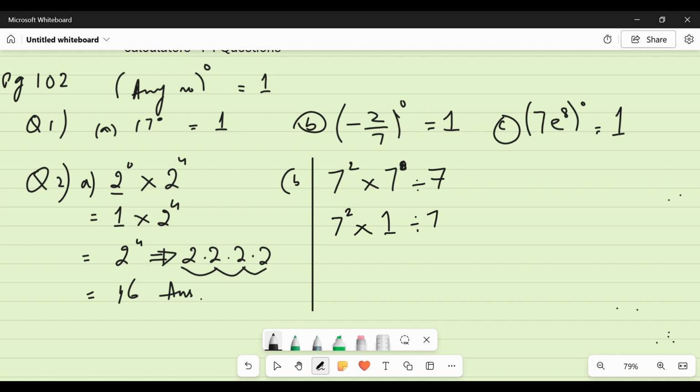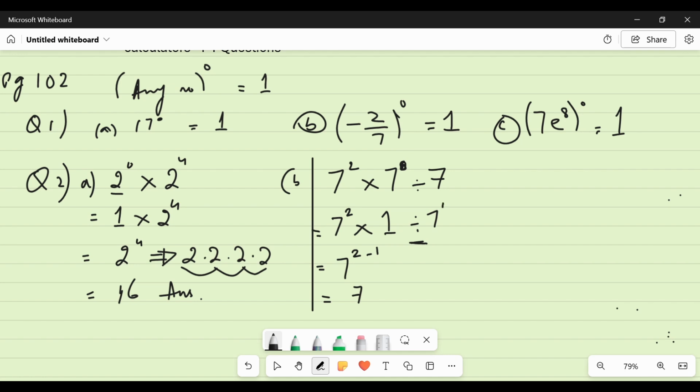So now we have 7 here, and 7 into 1 gives you 7. Since it's a division sign here, we use a subtraction sign for the powers, and the power of this 7 is 1, because if there is no power, it means the power is 1.